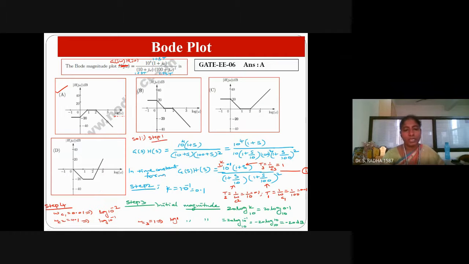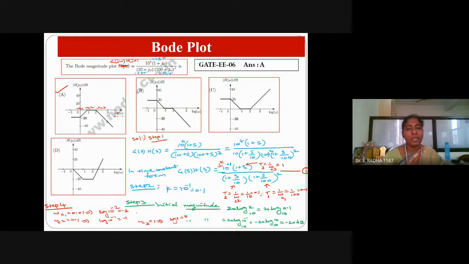You can see here log 1 is 0, and here it will be minus 1, and here it is minus 2. This is the first corner frequency omega C1, this is the second corner frequency, and this is the third corner frequency.